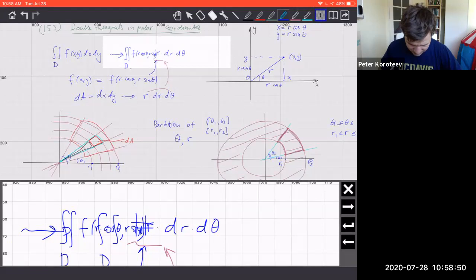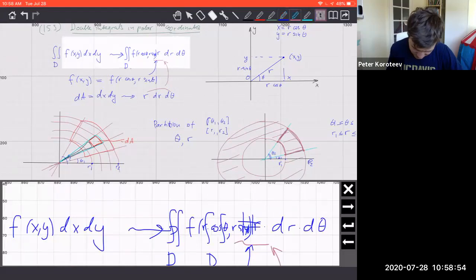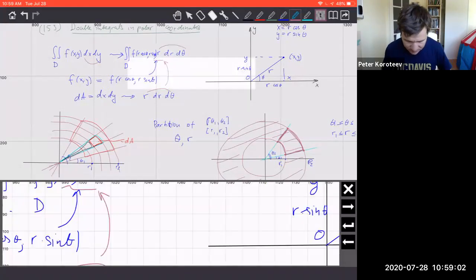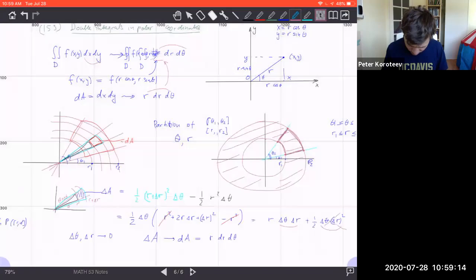And what is known, I think I mentioned it to you, sometimes it's called the measure of integration. And then the measure is written as r dr d theta. Yeah, so that's what all this was about.